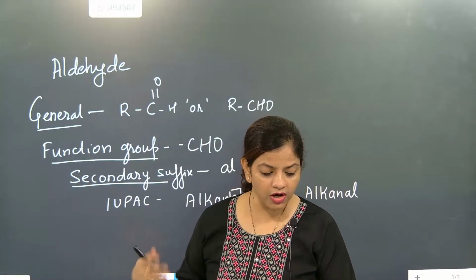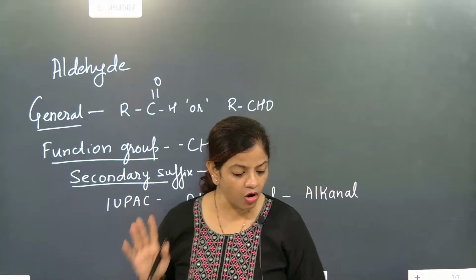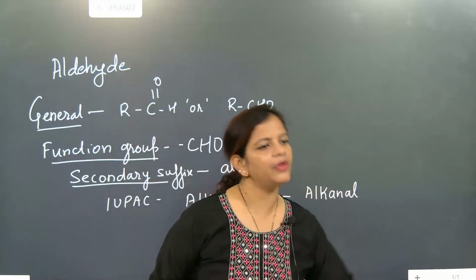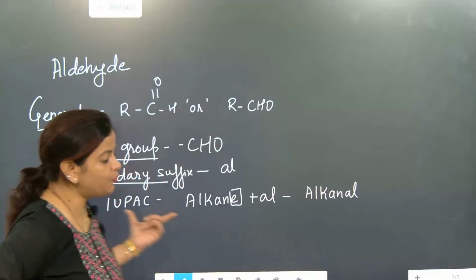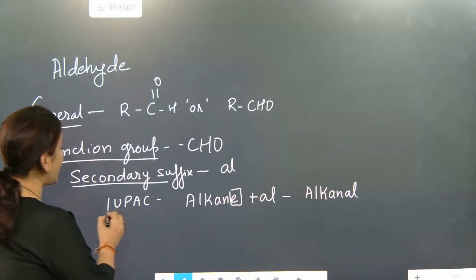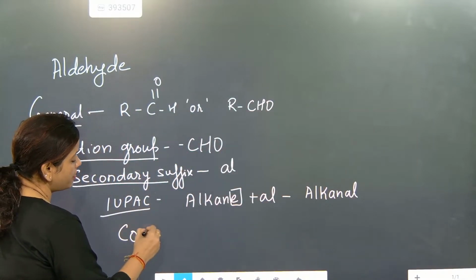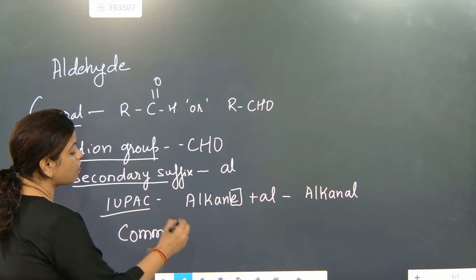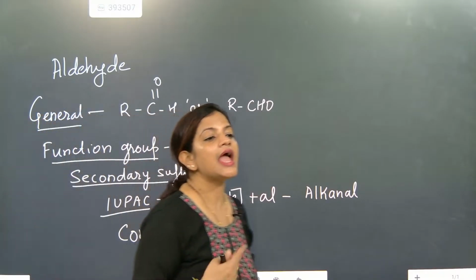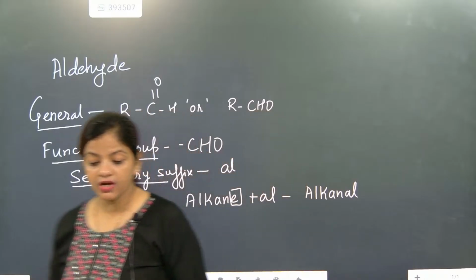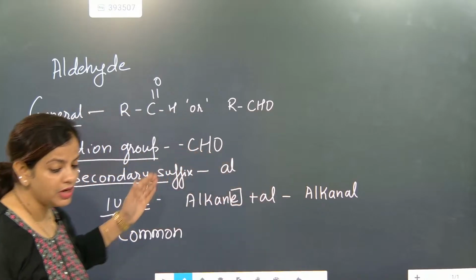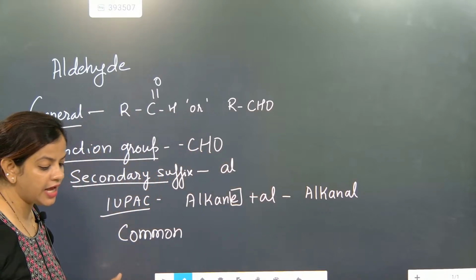So now this is called alkanal. Now how to go with the common name, because this is the IUPAC name? In the common name of aldehyde, we call it formaldehyde, acetaldehyde.